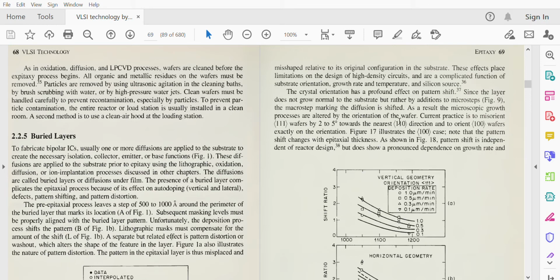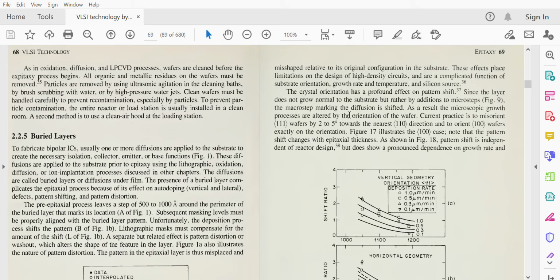As a result, the microscopic growth processes are altered by the orientation of the wafer. Current practice is to misorient wafers by 2 to 5 degrees towards the nearest direction and to orient wafers exactly on the orientation. Now 111, 110, 100, these are the lattice structure patterns. Lattice structure is a topic of physics where we discuss in which direction we are stretching or compressing or designing our particular material.